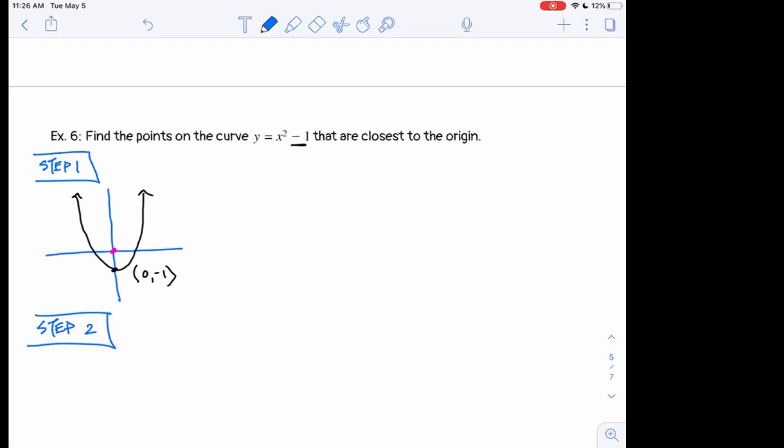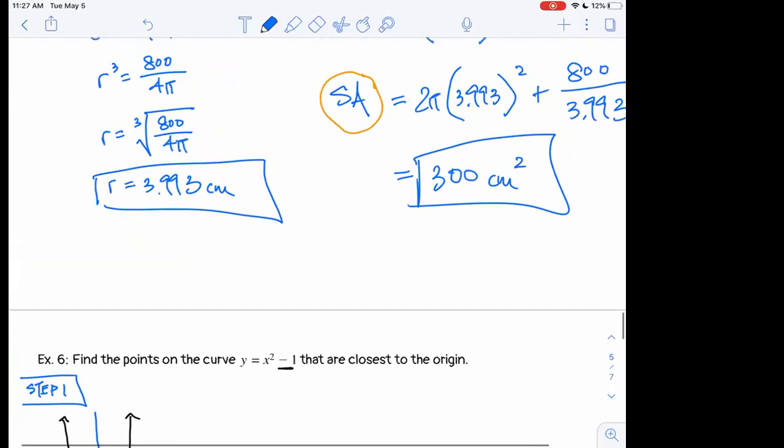All right. So one formula that I think also comes up pretty often is the idea of distance. If we're thinking about points that are closest together, the distance between those points is at a minimum. So I'm going to add that on to the end of this problem: closest to the origin.